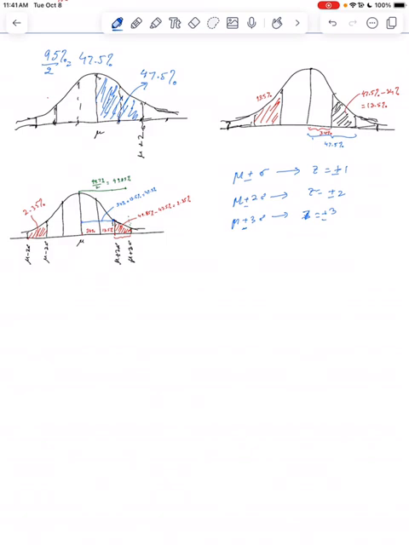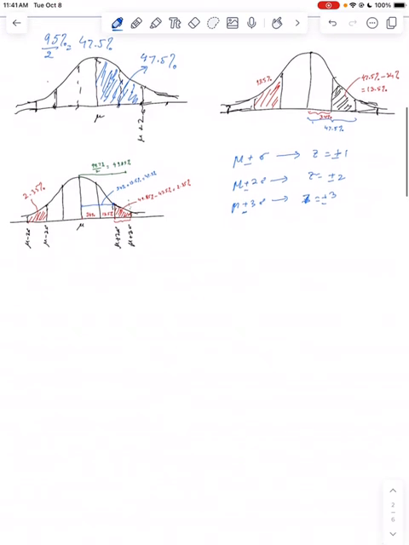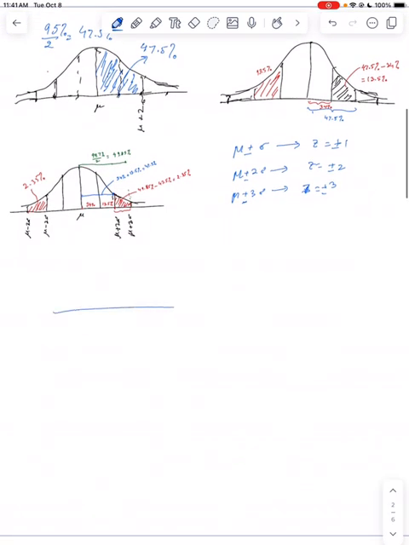At this moment we can only talk about these 6 z values, but z values are infinite. Somewhere in between here, this is our mean, and this will be mu plus sigma, let's say. So what about a number here or a number here?